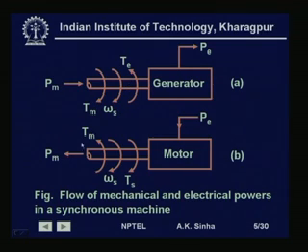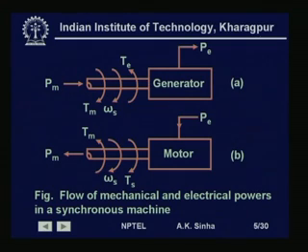The same situation holds good in case of a motoring machine, that is when we have a synchronous motor. Only thing is, here the electrical power will be an input and the mechanical power will be an output. So, the same relationship will hold, except that both the electrical and mechanical power in this case will have to be taken as negative of what we have taken in case of generator system.